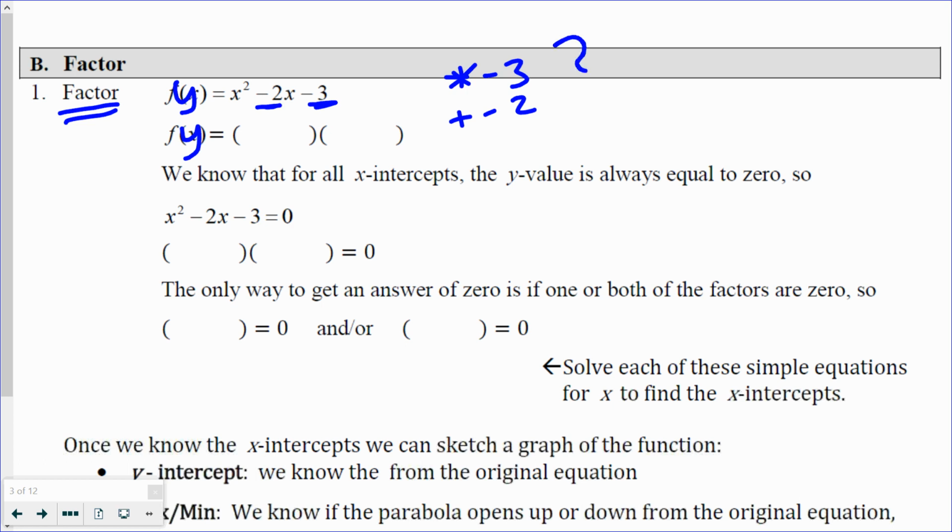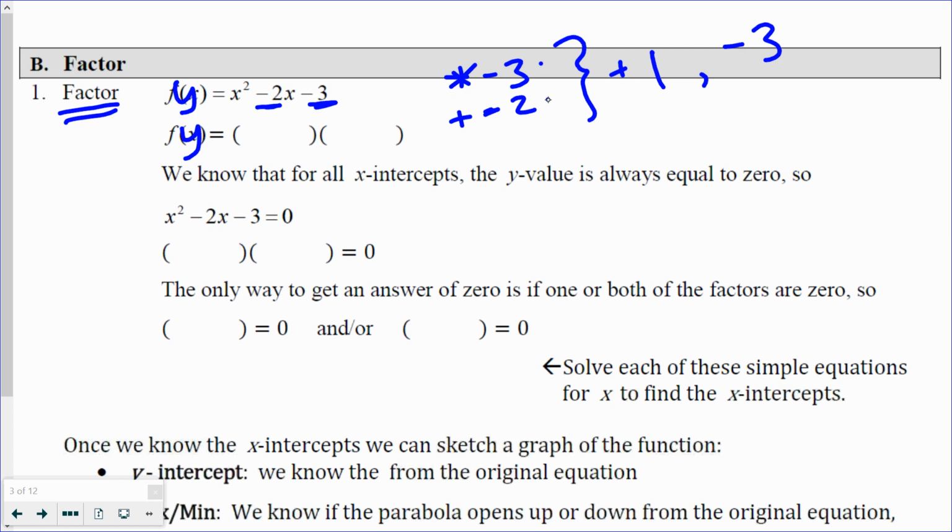I know if they multiply to be a negative, one needs to be positive, one needs to be negative, and since they add to a negative number here, I know my bigger one needs to be the negative. So thinking about factors of 3, 1 and 3, that's really the only way you can go with this. So we know it needs to be -3 and +1, because those multiply to be equal to -3 and they add to be equal to -2.